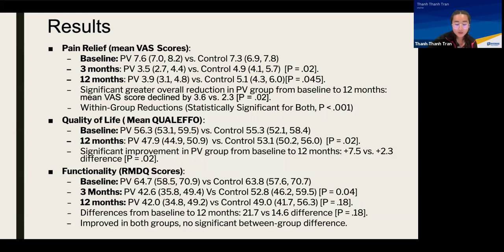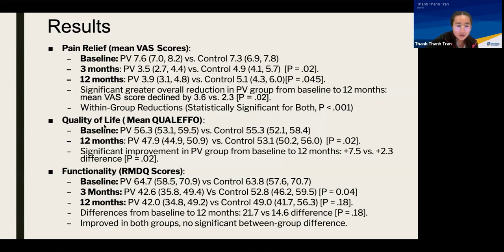However, when we compare both groups together, the reduction in mean VAS scores was stronger in the PV group. From baseline to 12 months, the mean VAS scores declined by 3.6 for the PV group and only 2.3 for the active control group. Because the pain reduction in the PV group was greater, this indicates that the relationship between VAS scores and time is dependent on treatment group.